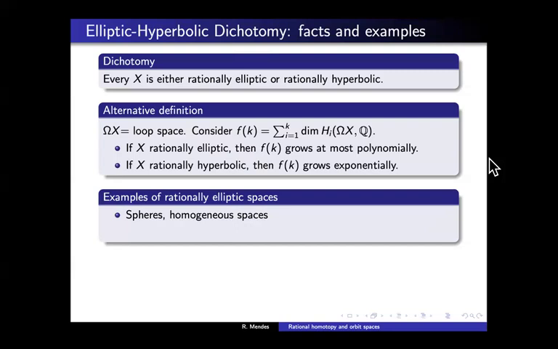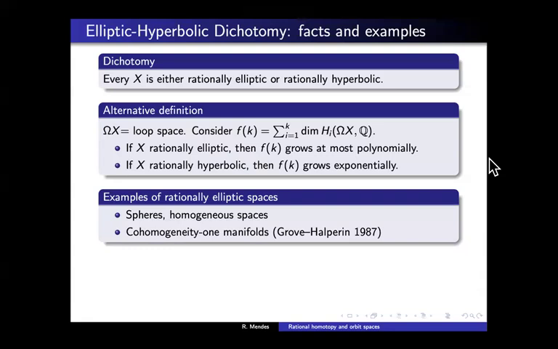Let me use some examples. What are some examples of rationally elliptic spaces? Well, spheres, straight from Serre's theorem from the previous slide. You only have one or two non-zero values of pi_k tensor Q, so that's elliptic. More generally, any homogeneous space will also be elliptic. Cohomogeneity 1 manifolds are also always rationally elliptic.